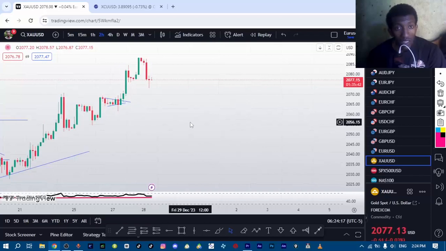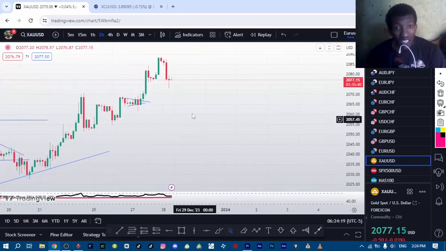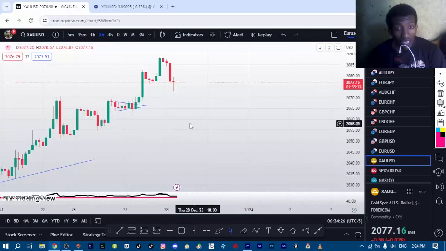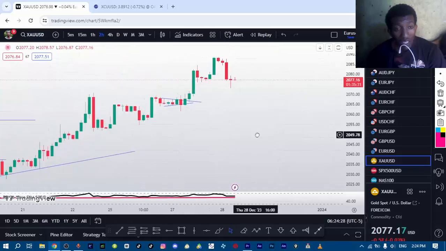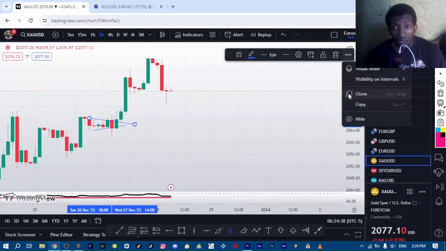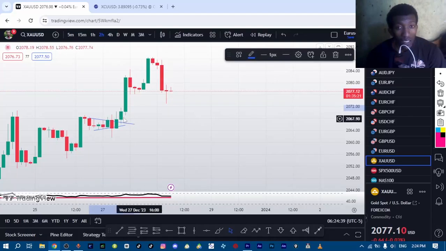Gold, as you can see, has no trade. It didn't give us any trade, so there is no trade in here. In this case we did. That is why I'm telling you to clone this thing, clone it.